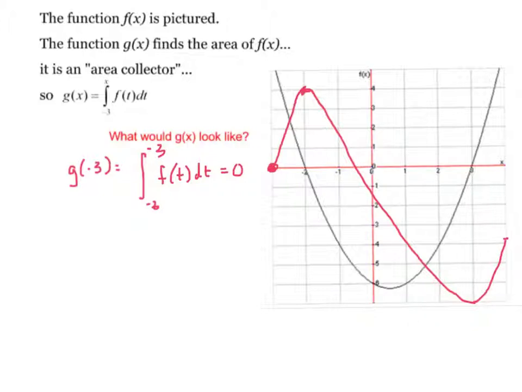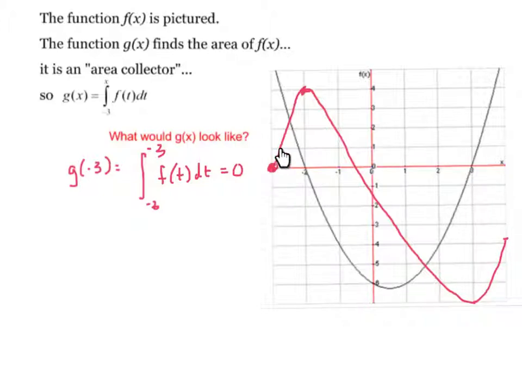Now, what I hope you see here is a relationship that I think we suspected already. You've got this red graph, and it's going up. It's got a maximum. Notice the black graph, f, changes from positive to negative. Here we've got a minimum, right? In the black graph, we changed from negative to positive.